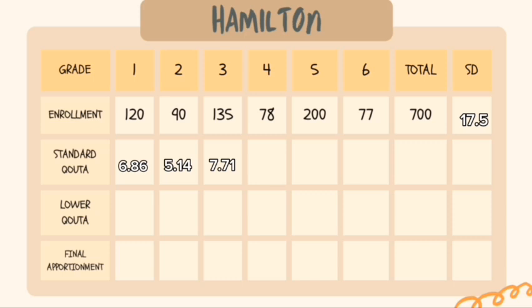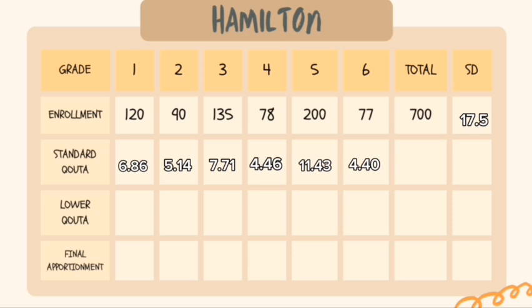Then, 78 divided by 17.5 is 4.46. Then 200 divided by 17.5 is 11.43. Then the last one, 77 divided by 17.5 is equal to 4.40. Pagkatapos mong makuha yung standard quota is kukunin mo naman yung lower quota.